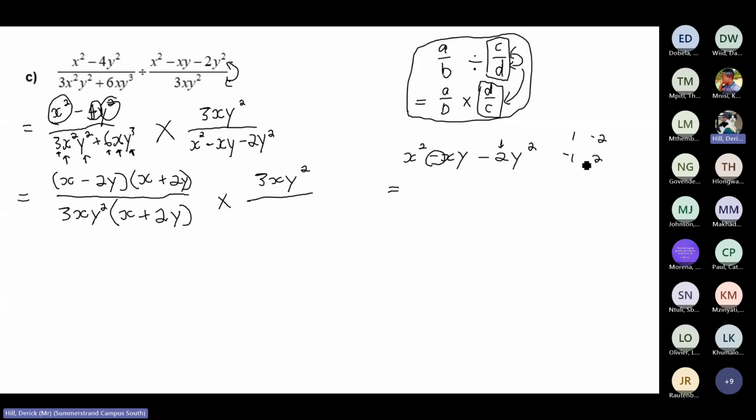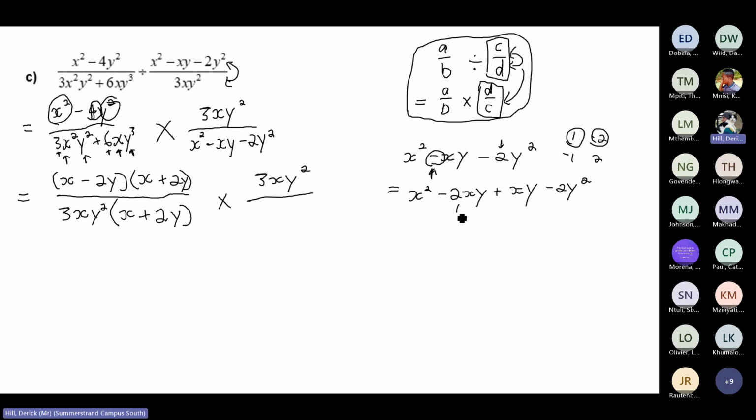If I have minus 1 plus 2, that's going to give me a 1, but I want a minus 1. So if I have a minus 2 plus a 1, that gives me a minus 1, which means I can separate out that term like so. Minus 2xy plus xy minus 2y squared.